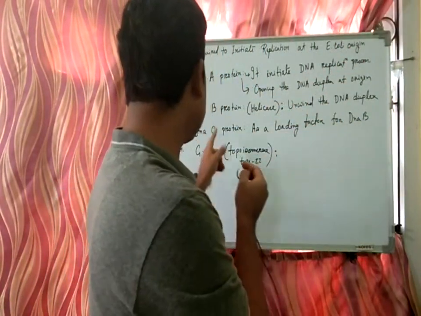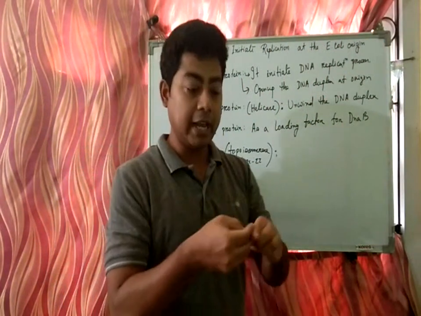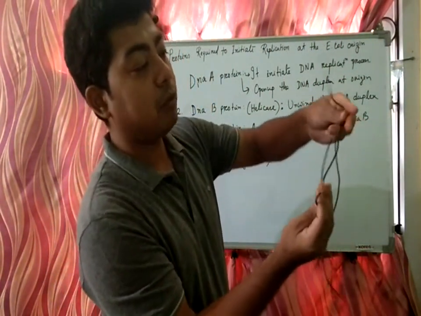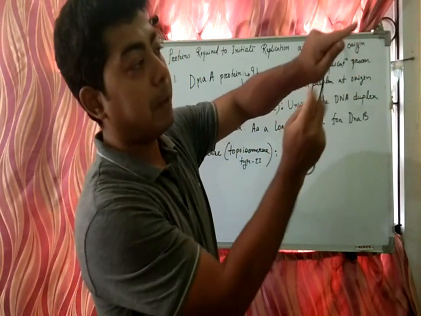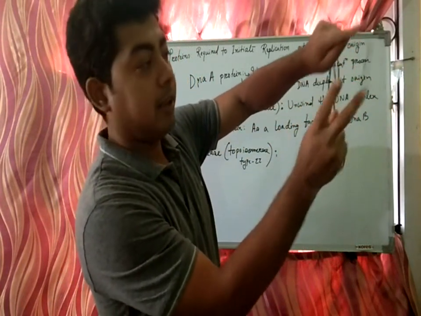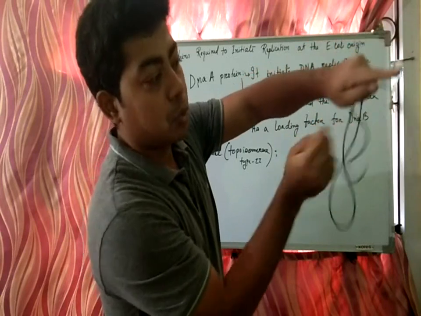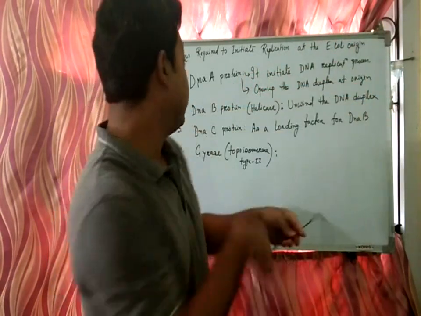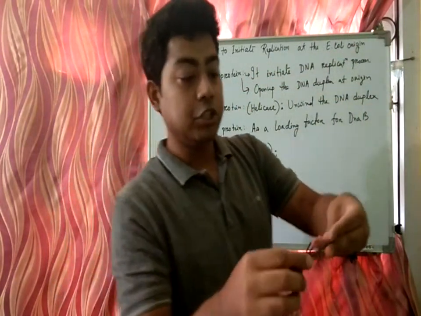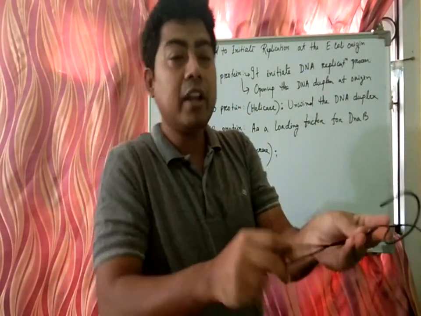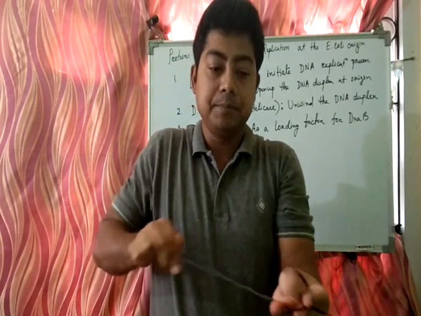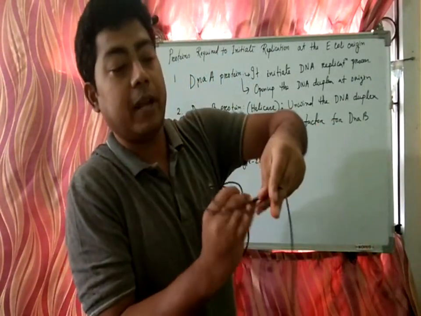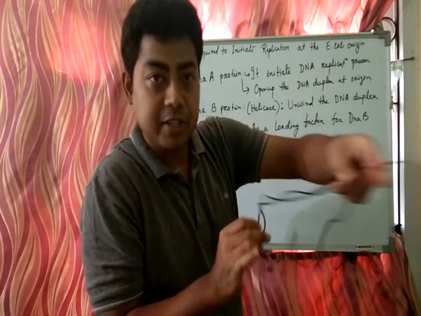Now, what is the function of DNA B or helicase? It will break down these hydrogen bonds and unwind the DNA, that means it will open up. This helicase does not completely open up all the hydrogen bonds. On this side they are still double stranded and this side opens up due to breakdown of hydrogen bonds.